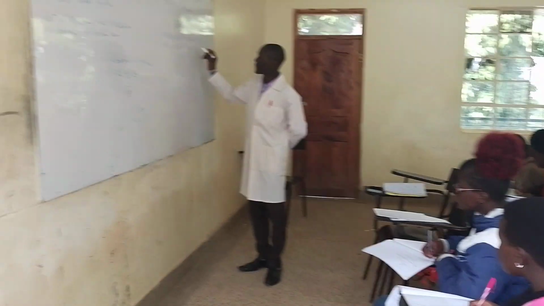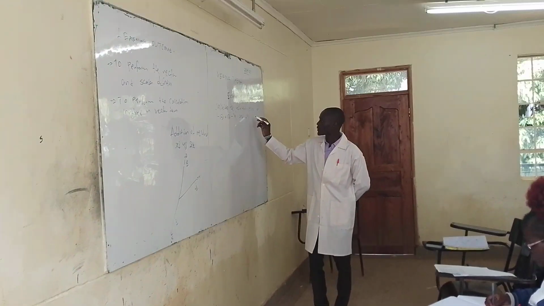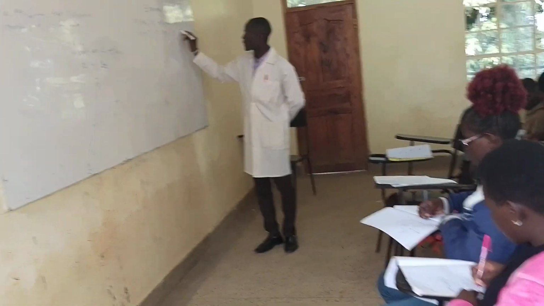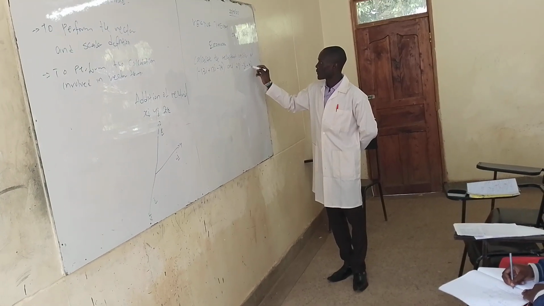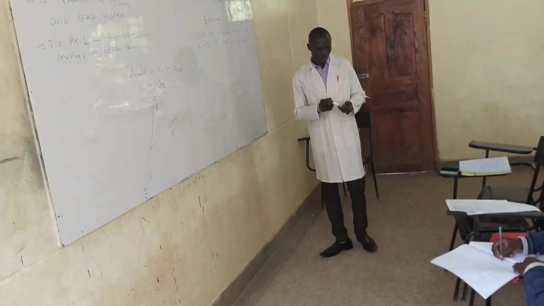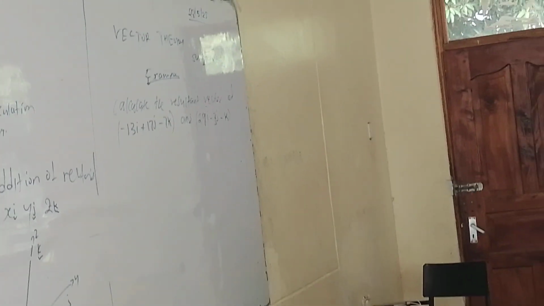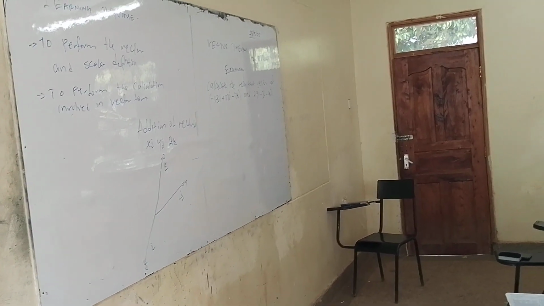That is 29i minus 7j, then plus k. So when you work it out, you need to get the answer. So that is negative 13i plus 17j minus 7k, as we add 29i plus negative 7j minus k.